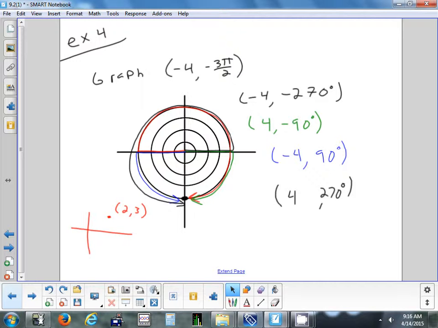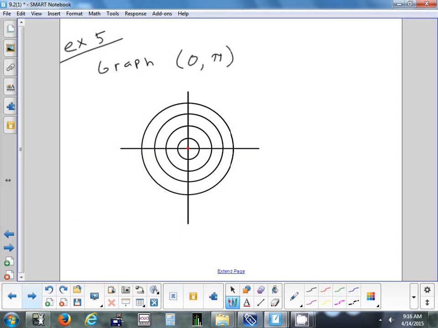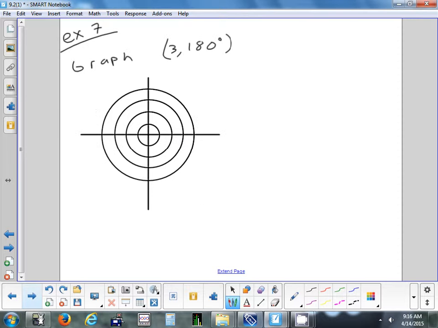Now, let's say you had a point like that. Well, one way you could do it is just to go to the right and go 0 degrees. You don't have to move at all. Or you could go to the left, go halfway around that way, or halfway around the other way.